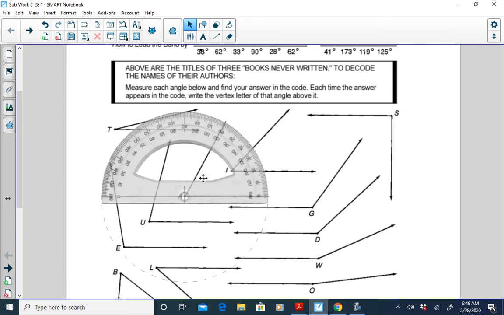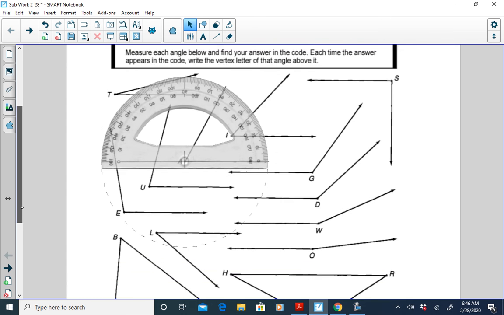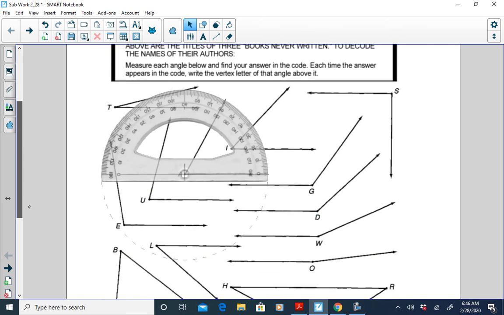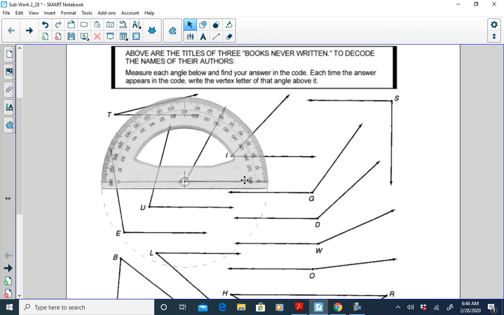It looks like 60 degrees, so 60 degrees should be A. Do I see a 60-degree angle? I don't see 60, but I see 62, so let me double check that. Could it be 62? Yeah, it looks like it could be a little bit more than 60.